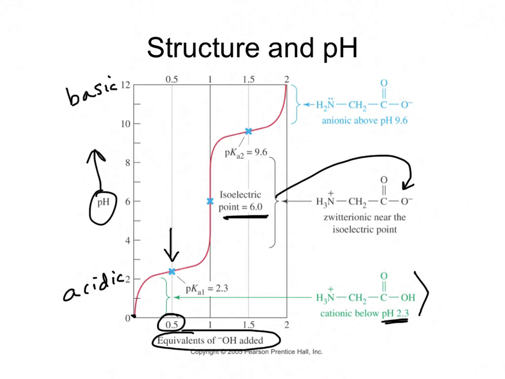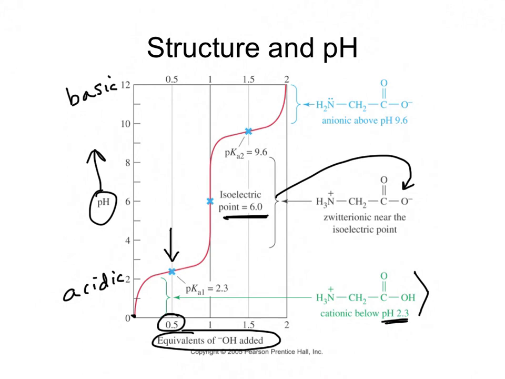So I could give you guys a blank graph with no structures written on it, and it would just look like this, and like this, and like that. And I could say, here are the amounts of base added, tell me what pK2 is.